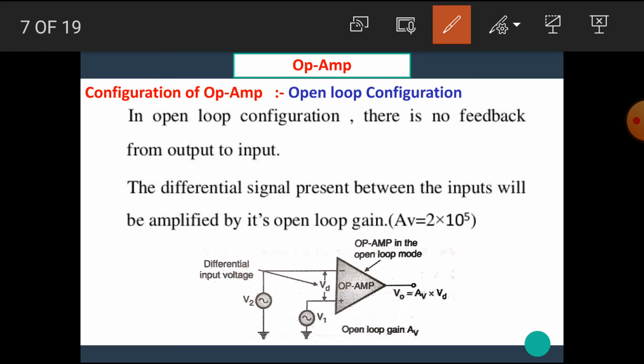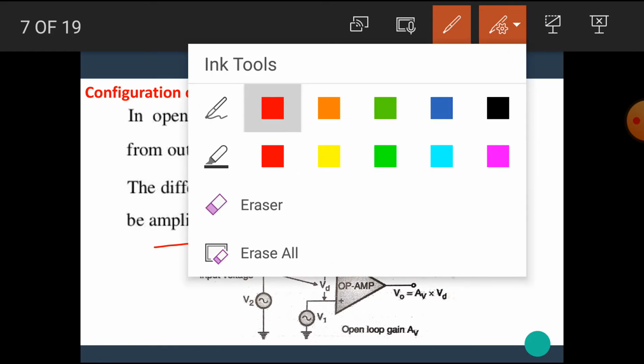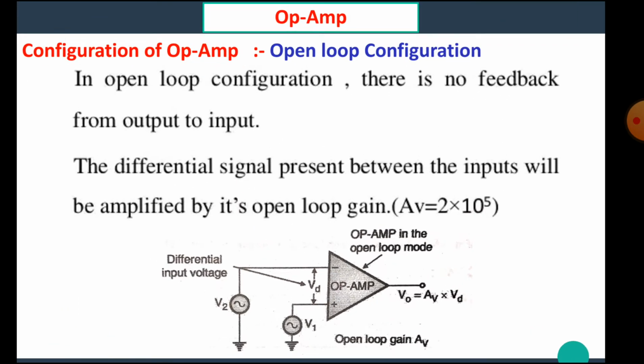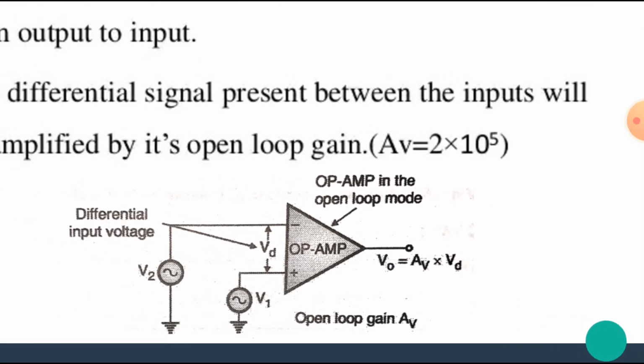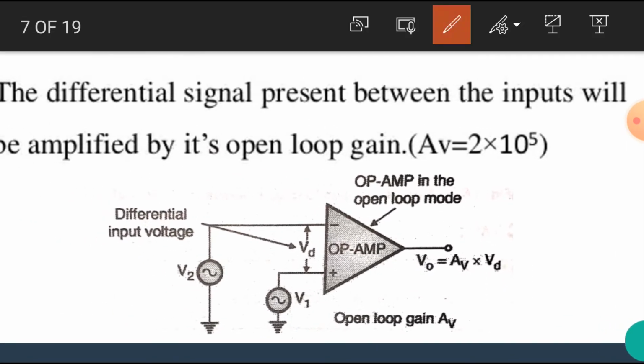Okay. The differential signal present between the inputs will be amplified by its open loop gain. AV is equal to 2 into 10 raised to 5. That means in open loop configuration no feedback is connected like this.